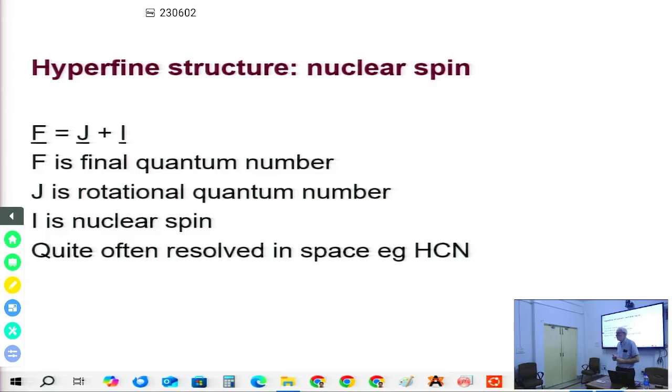Right, so I've already introduced nuclear spin. In principle, you can get splittings of that hydrogen spectrum due to nuclear spin. In practice, it's not very strong. But for some other molecules, nuclear spin effects in nitrogen are much bigger than hydrogen. Nitrogen has a nuclear quadrupole, and the quadrupole splitting in nitrogen is much bigger than the dipole splitting in hydrogen.